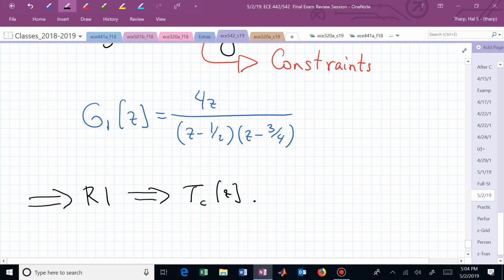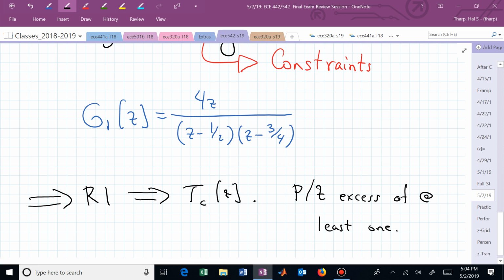Restriction 1 says that the pole-zero excess in this desired transfer function, T sub c of z, needs to be at least 1. It could be 2, but it has to be at least 1. Why is that? Because you want a causal controller. That's what restriction 1 gives us. Anything else? Restrictions 2 and 3 are not applicable.